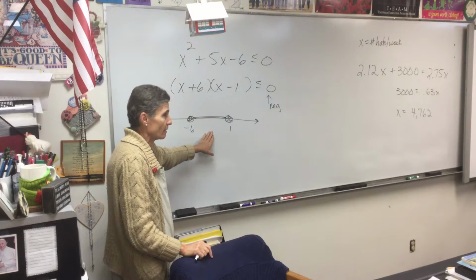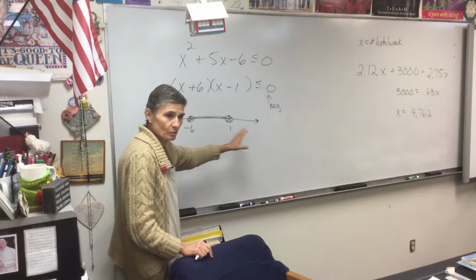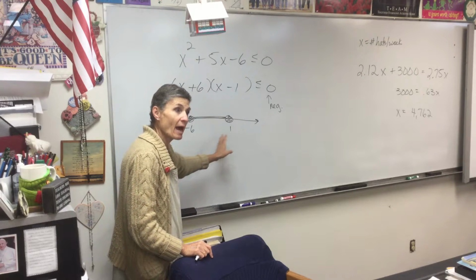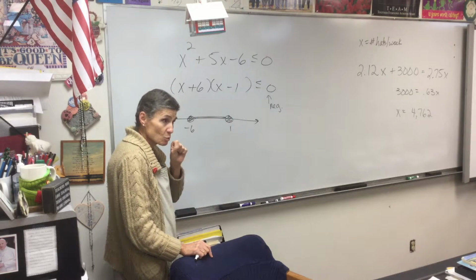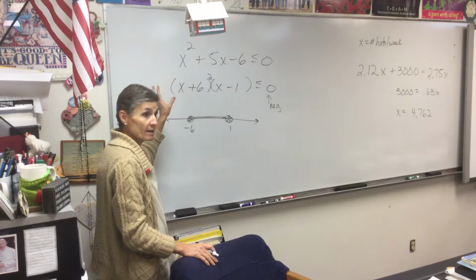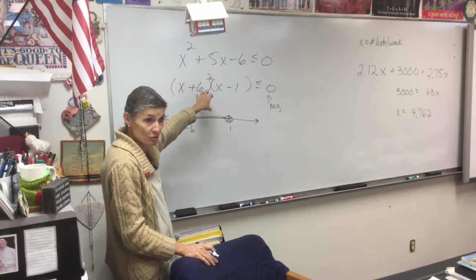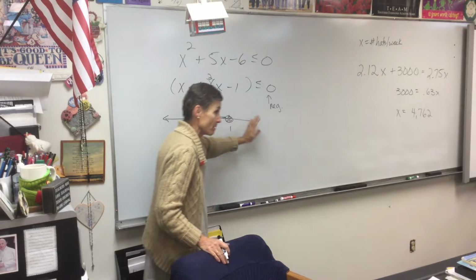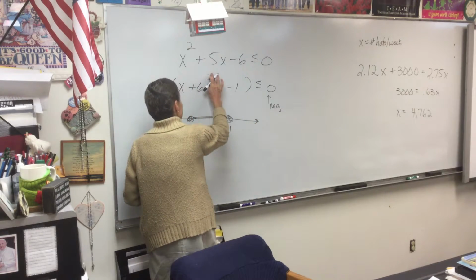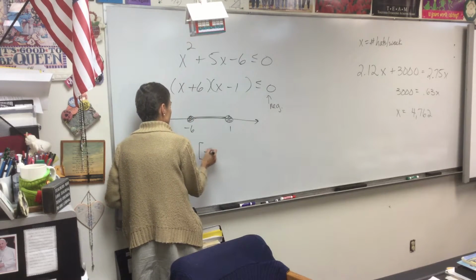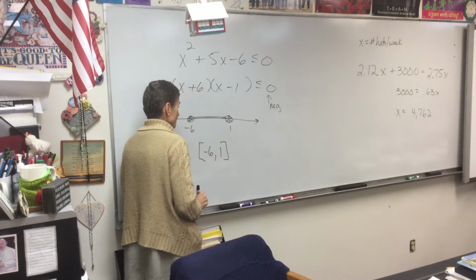So what can I conclude now? The other two don't need checking, because we have this alternating pattern, as long as you don't have any of this craziness going on. As soon as you put something odd into the problem, weird, different, then you've got to check every space. But as long as they're just plain old factors, you can say your answer is negative 6 to 1.